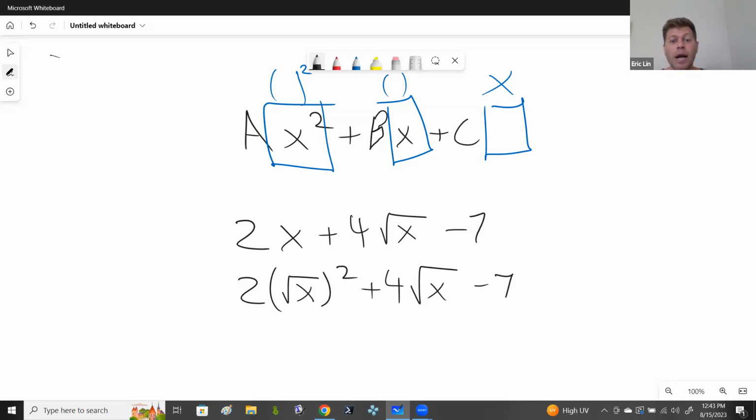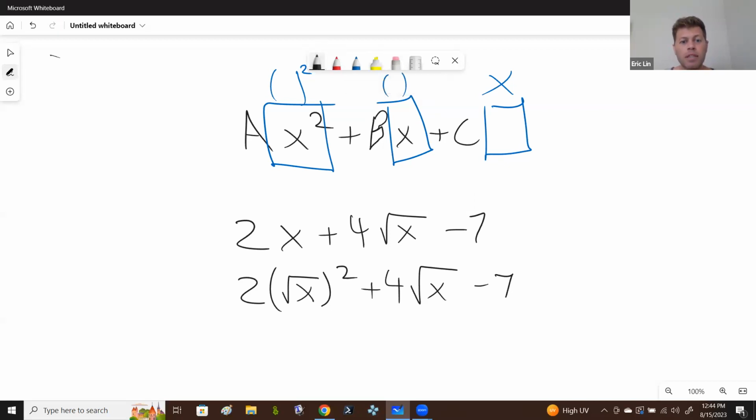So I can look at this and say, well, I have a form of my variable that is squared in the first term, then by itself in the middle term, and then absent in the last term. So I can still factor this like I would a quadratic expression. I can still go through all of the hoops.